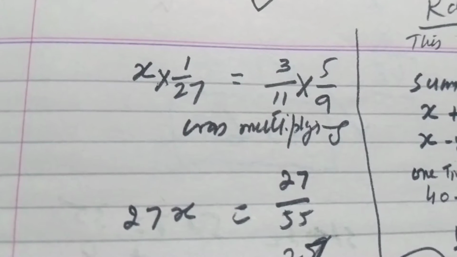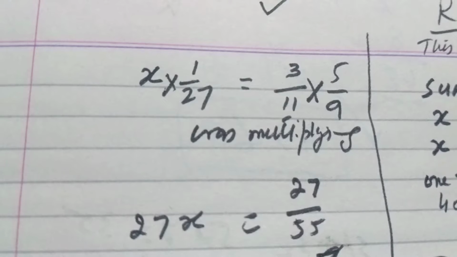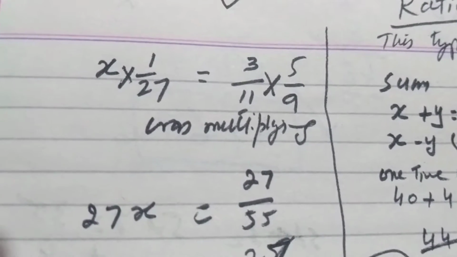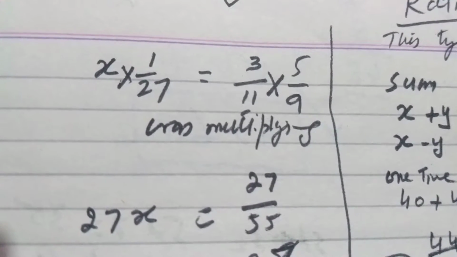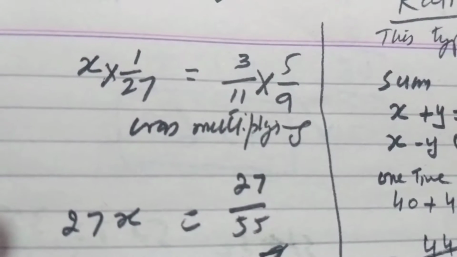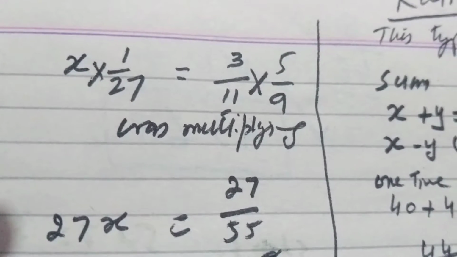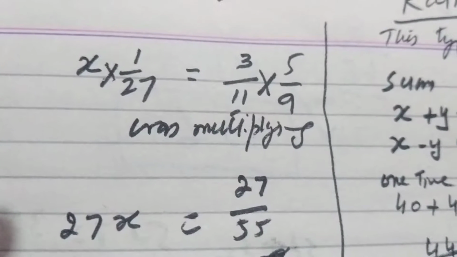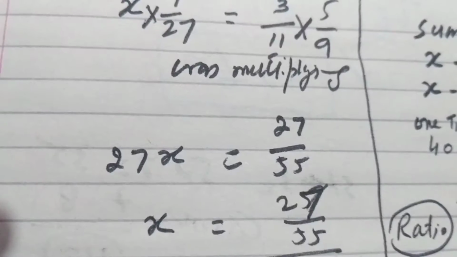Another way to solve this numerical in a simple way is by cross multiplying them. In this way, x is crossed with 27, x crossed with 1 by 27, whereas equal to 3 into 11 is crossed with 5 into 9, means x is crossed with 27, whereas 3 is crossed with 9 and 5 is crossed with 11.